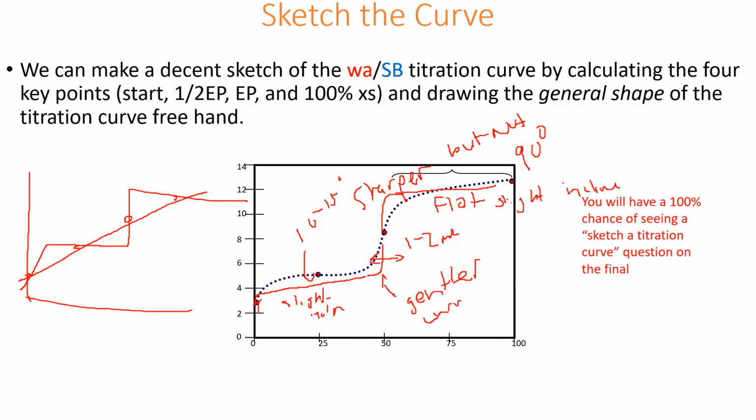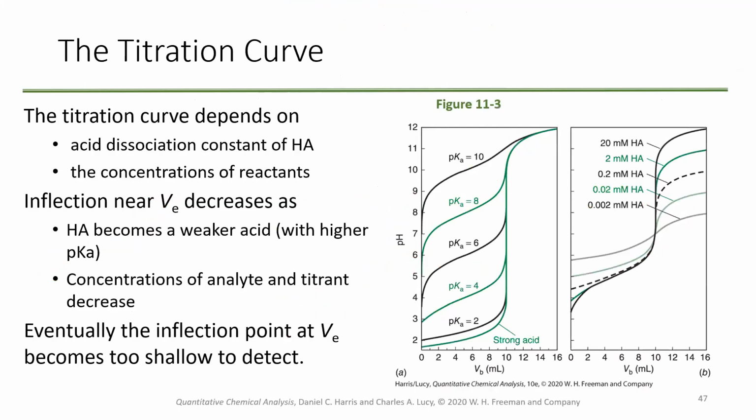Right? Take a real steep curve. As you start to get close to this equivalence point, goes up sharp, flat, and then asymptotically approaches whatever the pH was of your titrant. You should be able to identify like the strong acid or strong base, like know what's happening.